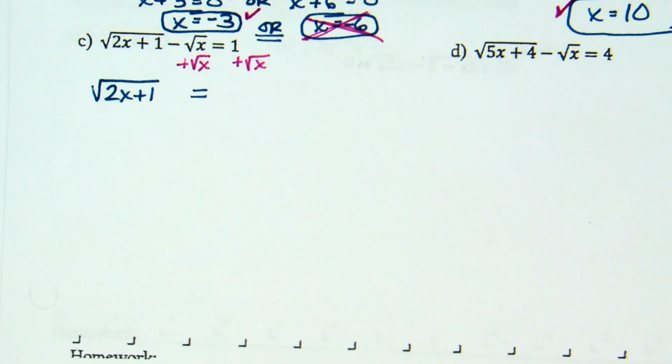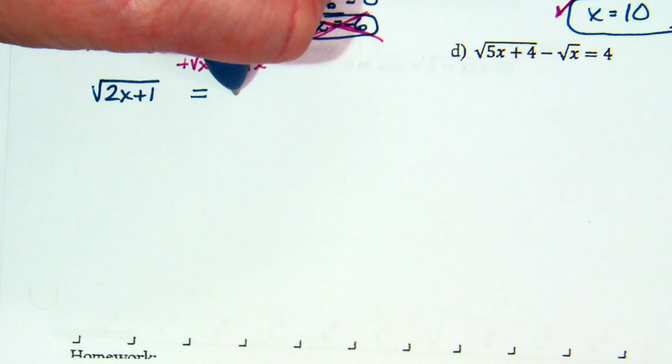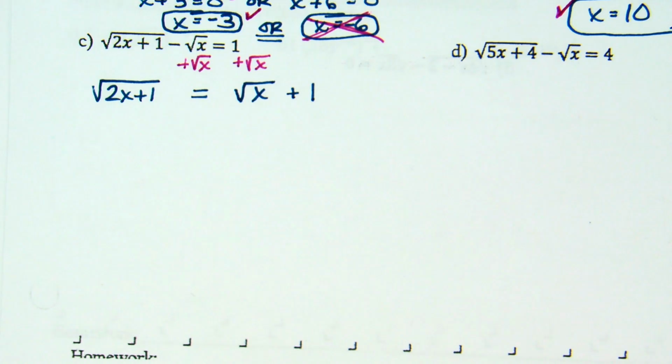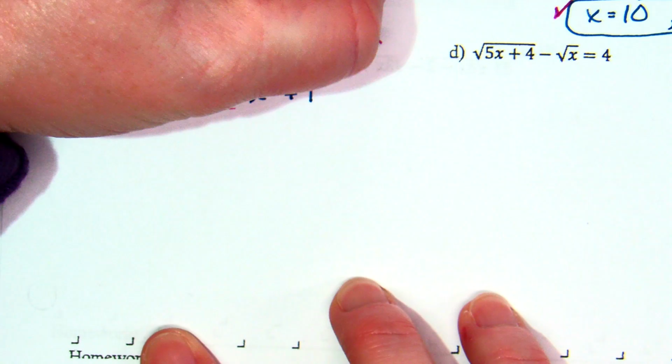Okay, we have the radicals separated. This radical is by itself. So what do we do? We're going to square both sides. On the left, what happens when you square the square root? You get what's under the radical. So on the left, we have 2x plus 1.